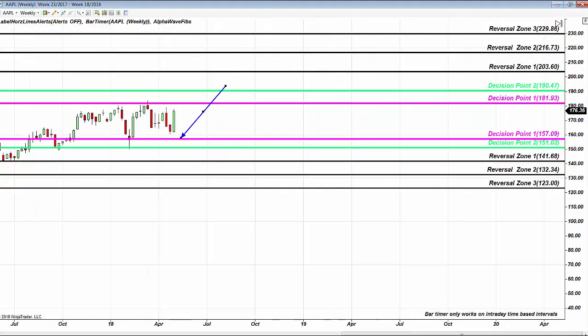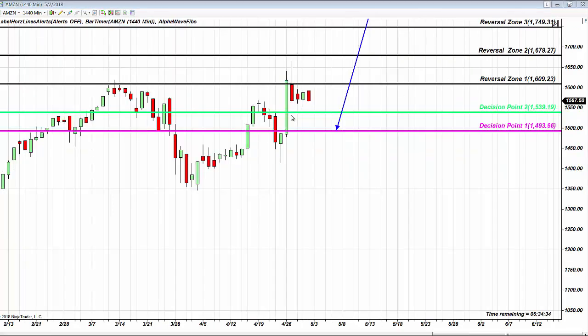This is what happened on Apple. Identical structure, but first things first. First support is here. Bias is bearish, short in progress. Exact same formula on any instrument, any time frame. And that's what Amazon did last time around.